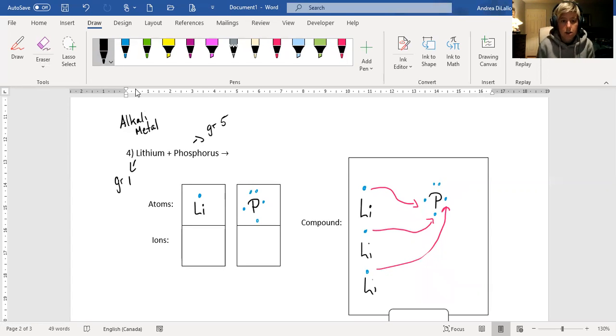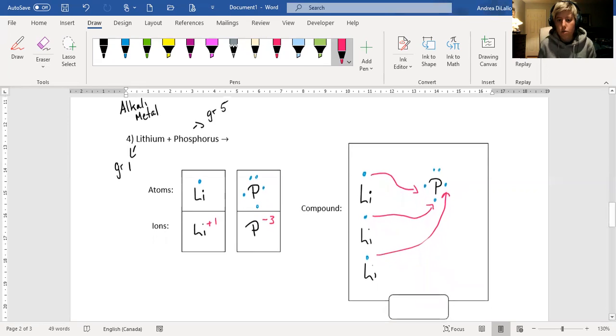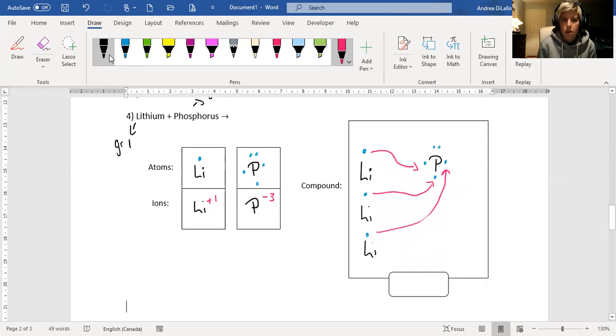So our ionic charge, well, lithium is going to be Li plus 1. Phosphorus, because it gained 3 electrons, is P minus 3. And if we look at our molecular formula, we have 3 lithiums and 1 phosphorus.